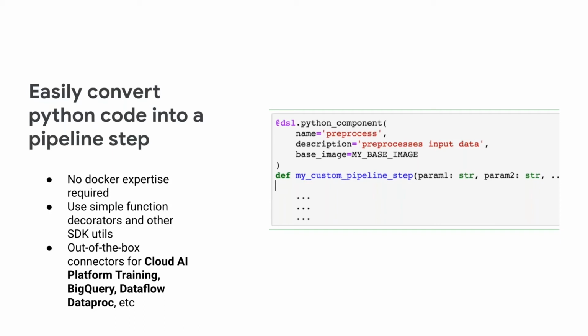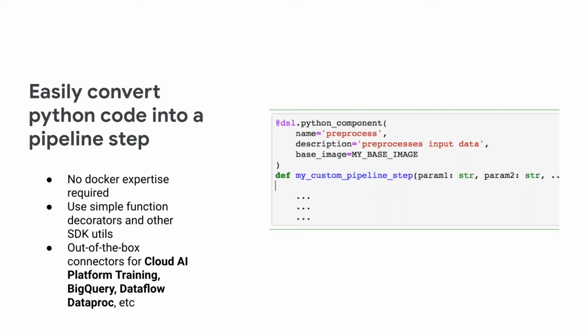So if you're writing a step of the workflow with Python, we provide simple utilities and function decorators to take your Python code and package it up automatically as a containerized task that you can call as a step of the workflow. So the key aspect here is while under the hood, each task is a container, for the most part, ML practitioners and data scientists will deal with this Python code and we take care of the mechanics of Dockerization. We simplify the Dockerization for you.